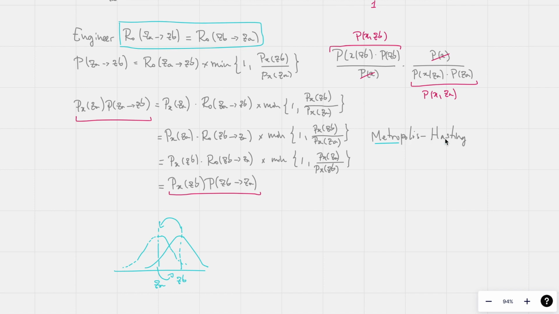In practice, the Metropolis-Hastings algorithm is used quite a lot to simulate from the posterior distribution in the Bayesian context, but people use more modern methods.